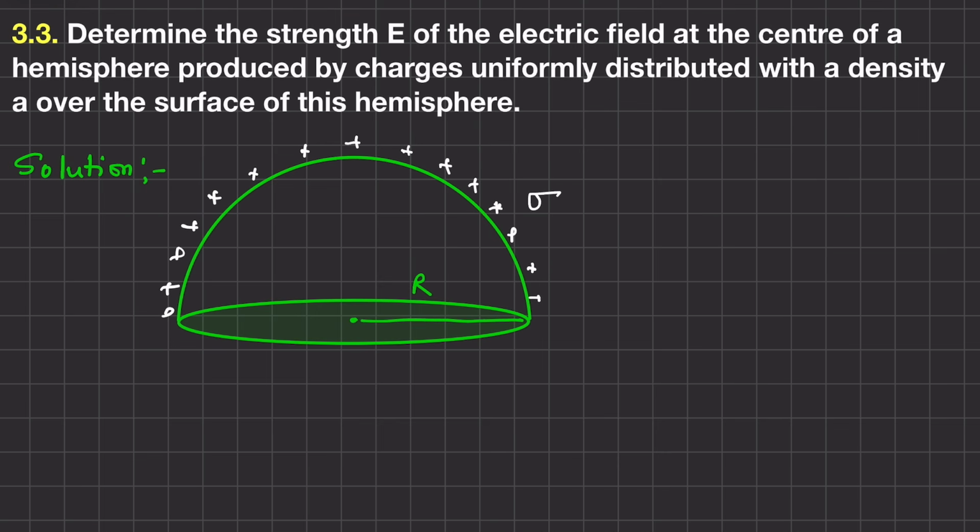Okay, so let's see. If you see here guys, I'll take a ring first. I'm taking a ring here. Let's say this is the ring I am taking, and let's say, using polar coordinates, I will locate the position of this particular element.